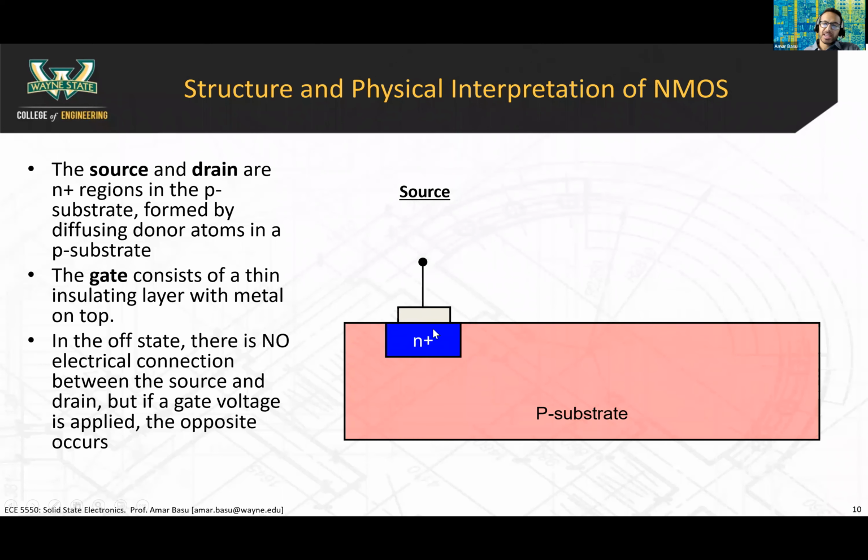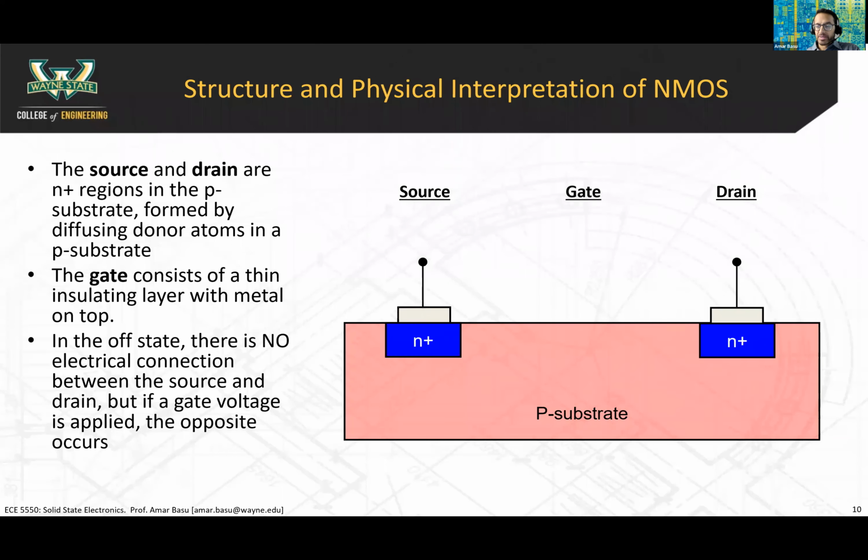Because an N+ material will typically, depending on the metal you have, either be an ohmic contact or a tunneling type contact. In both cases, you have an ohmic relationship. It allows current flow between the source and drain. Okay, so don't worry about the metal contact now. We're more concerned with the source and the drain. So the drain also is N+, highly doped N-type.